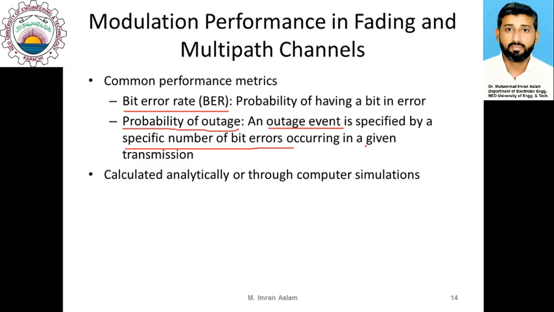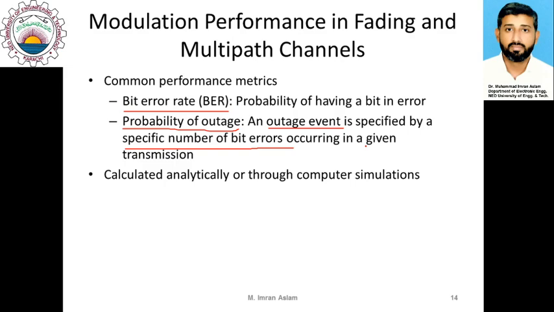Say for example, if our data group has been sent and our event is that we have errors of more than 10%, in that case we may not be able to have a reliable communication.